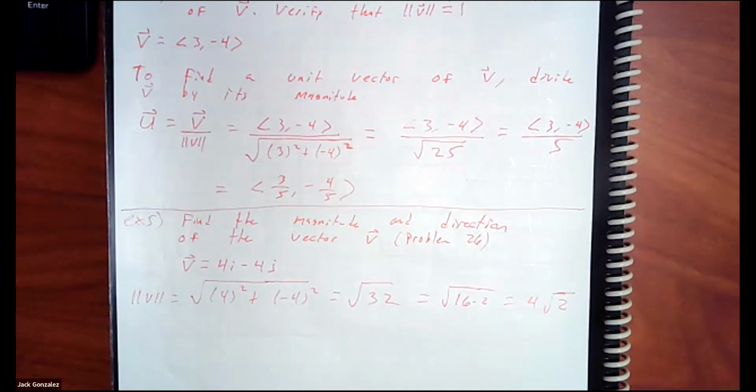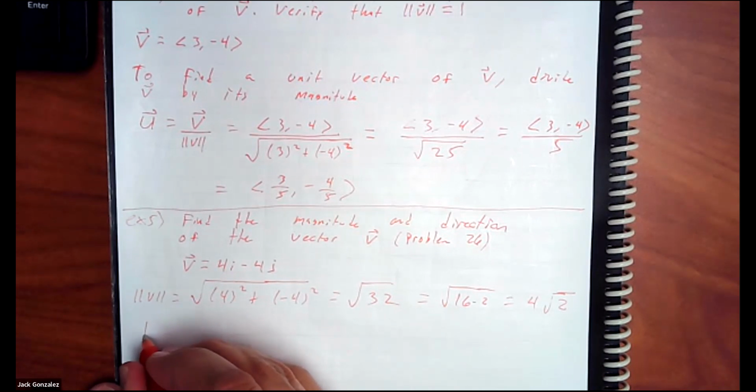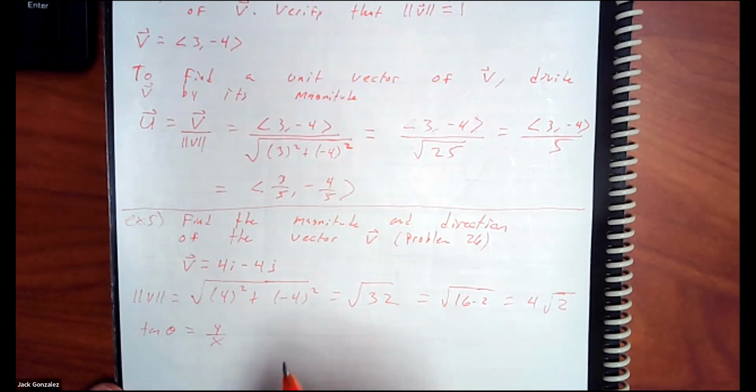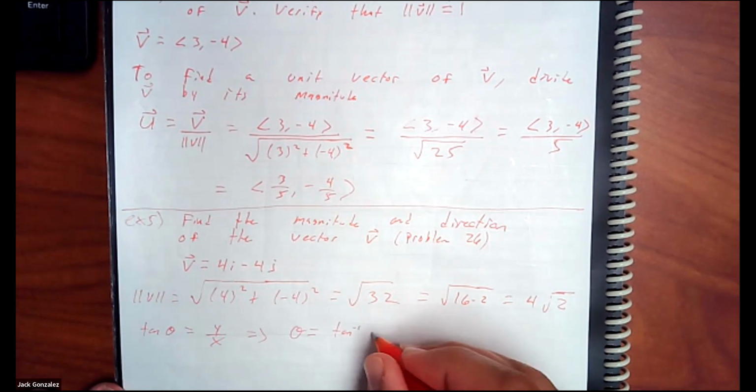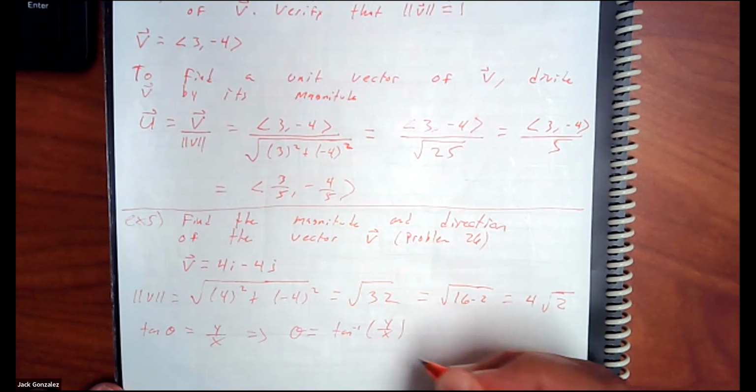So there's the magnitude. Now to find the direction, remember the fact that tangent theta is equal to y over x, which implies that theta is equal to tangent inverse of y over x.